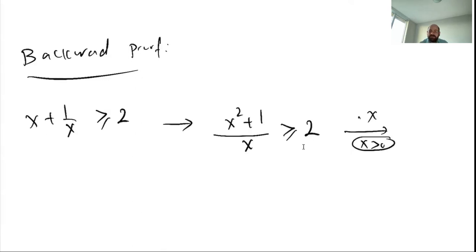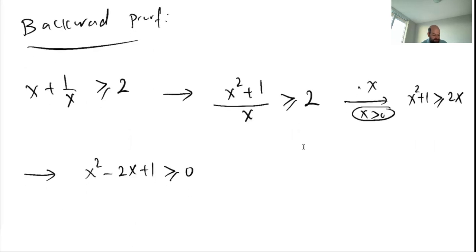Remember, we saw in another example today that if you multiply both sides of an inequality by a positive number, the inequality remains the same. If you multiply by a negative number, the inequality will flip. So then I'll get x squared plus 1 bigger than or equal to 2x. And that means x squared minus 2x plus 1 bigger than or equal to 0. And that means x minus 1 the whole squared bigger than or equal to 0.